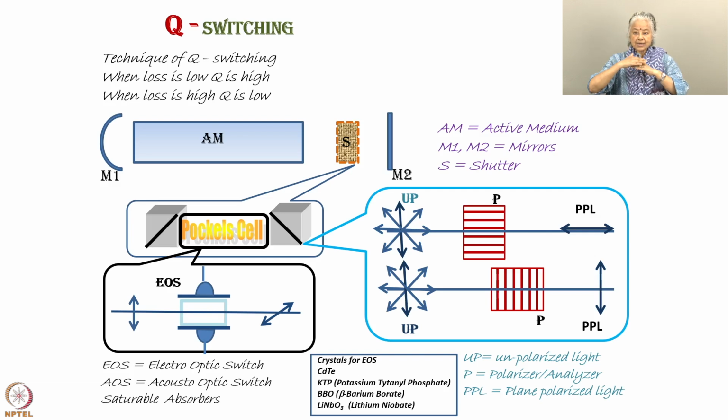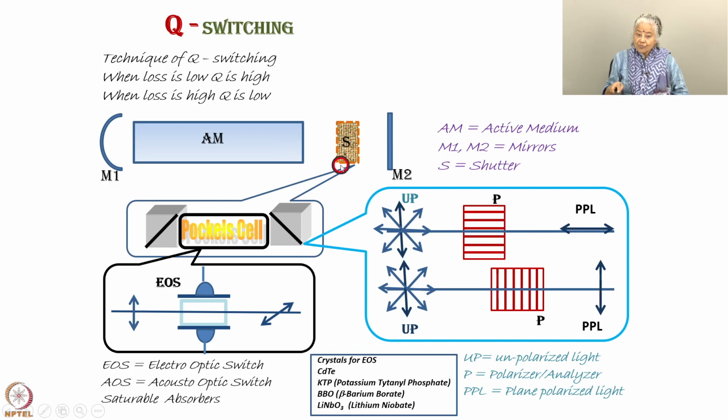The moment that grating forms, the light coming to the grating obviously gets deflected. Suppose you have placed this acousto-optic switch here and the light comes in from here: because of the grating that is formed, the light is deflected off, and it does not reach this mirror at all.